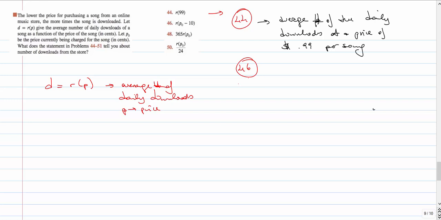46. P sub 0 minus 10 means 10 cents less than the current price of the song.